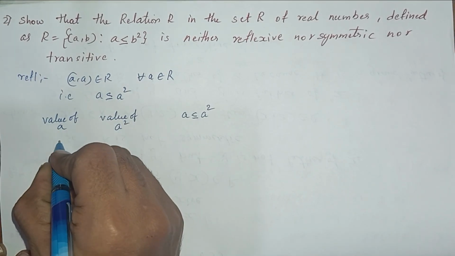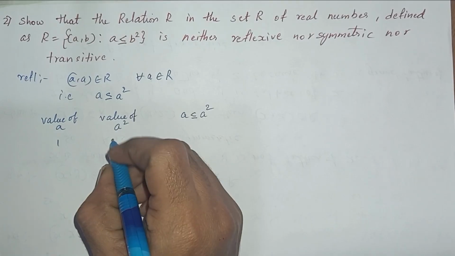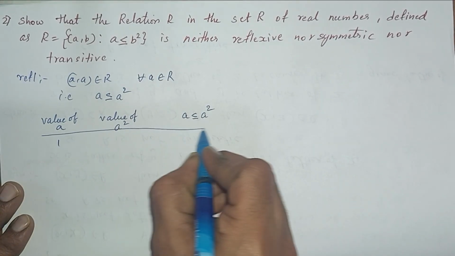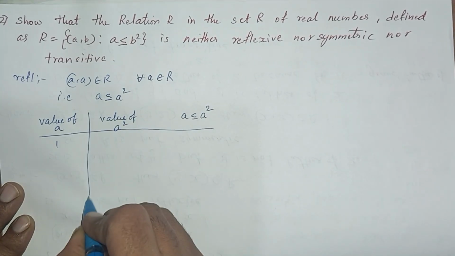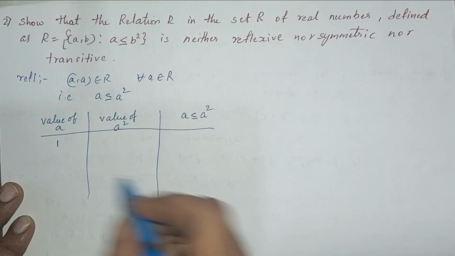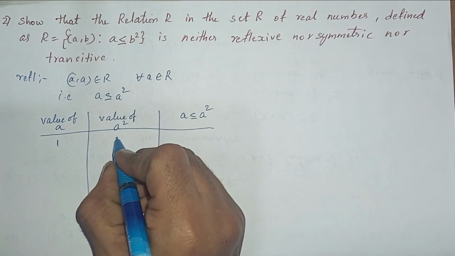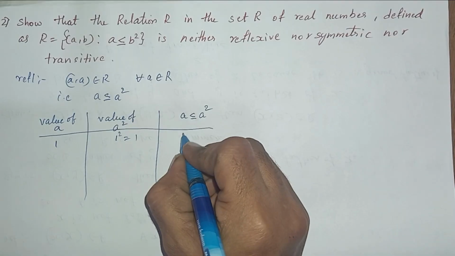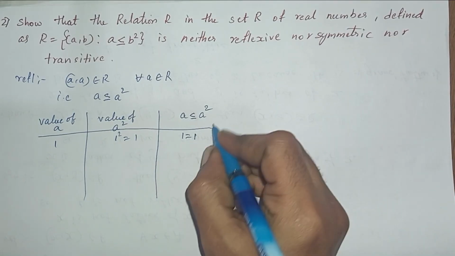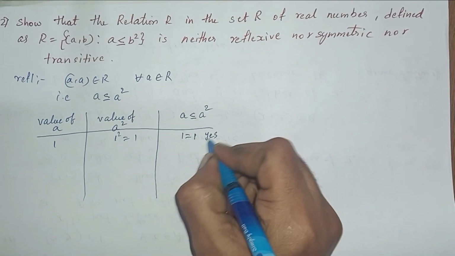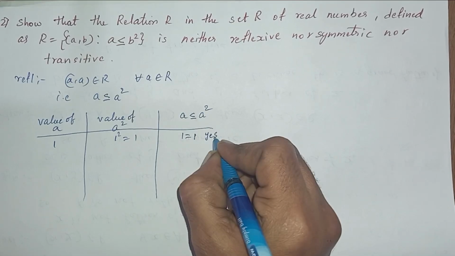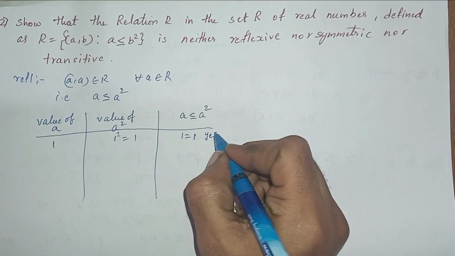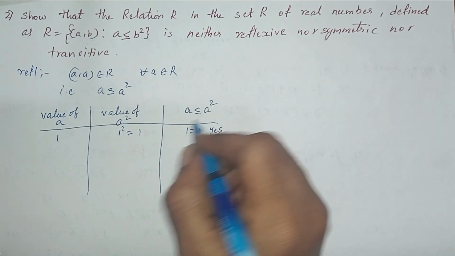First, if we are taking 1, then 1 squared is nothing but 1, where 1 is equal to 1. So this is transitive, sorry, it is reflexive. Yes, it is reflexive because 1 is equal to 1. This condition satisfies with 1.